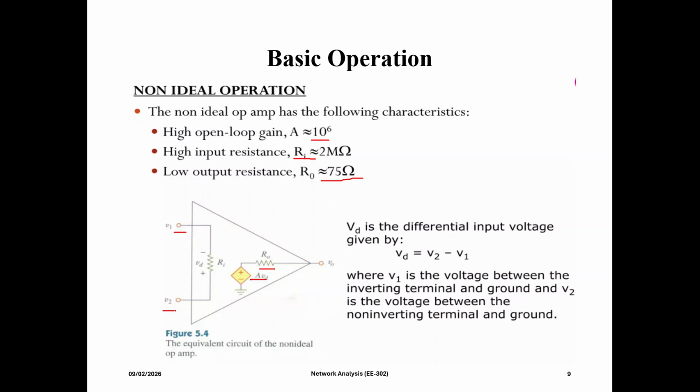So this difference is what gets amplified by the very large open loop gain A to produce the output voltage that is equal to A times VD. Okay, so even a small difference between V1 and V2 results in a large output voltage.